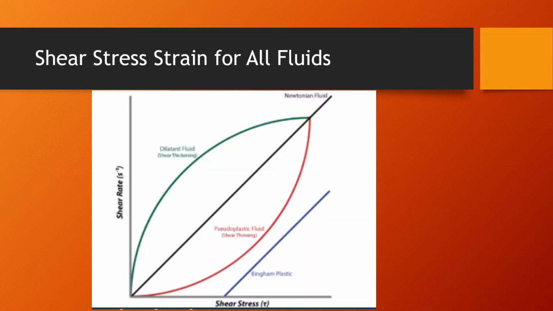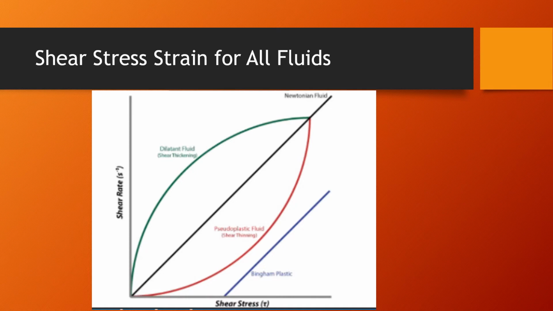So here a shear stress strain graph for all the fluids is given. The black colored one is the Newtonian fluid. Here it is a linear relationship. Bingham plastic is also linear but not crossing from the origin. Blue color is Bingham plastic. The red color is pseudoplastic fluid where shear thinning is happening.